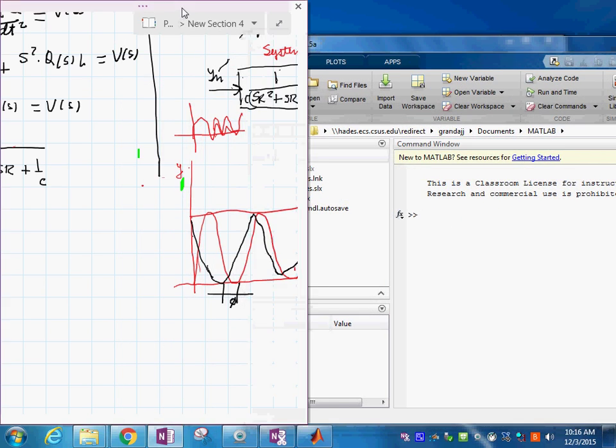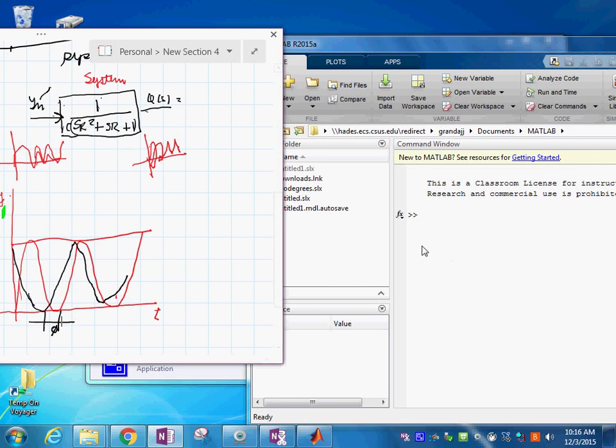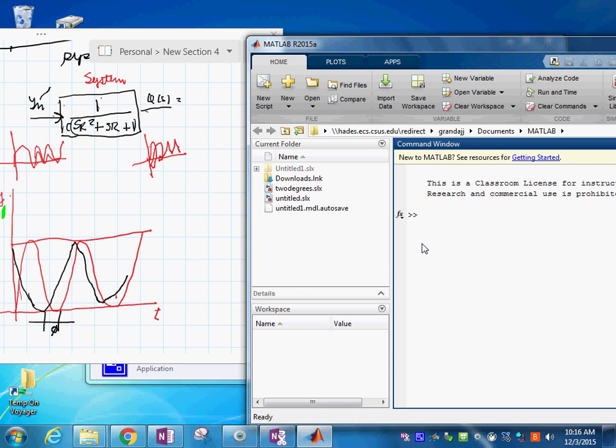You enter the transfer function. Like here, we say the numerator is equal to 1 and the denominator is equal to whatever coefficients we want to give it, like a 2 and a 1 and a 1, like this.